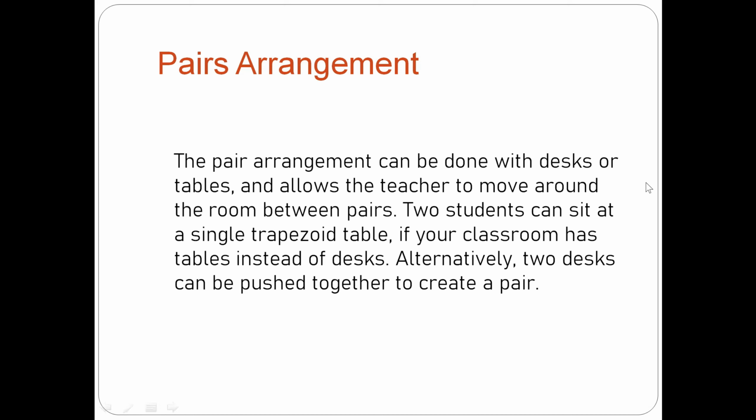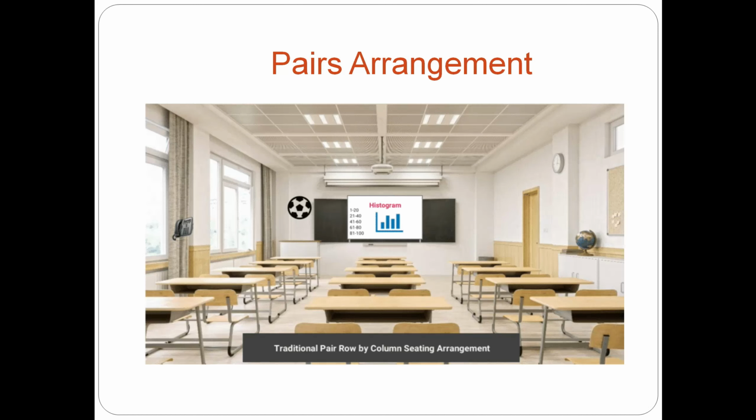Alternatively, two desks can be pushed together to create a pair. So it is easy for the teacher, and it allows the teacher to move around the room between the pairs.